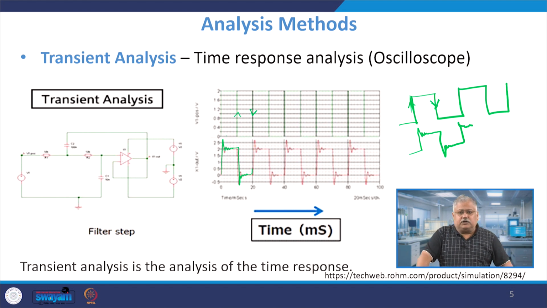We will not go into details of that at this early stage of analysis, but you should know what transient analysis is. Transient analysis therefore is the case when, as t tends to 0, the input signal goes from low to high, and you are able to extract the value of the output signal, which might be a voltage or a current.